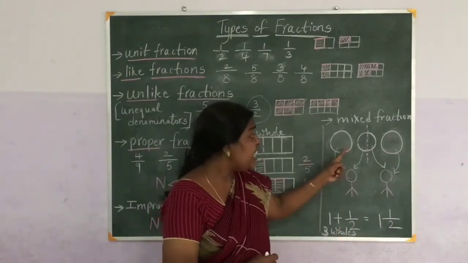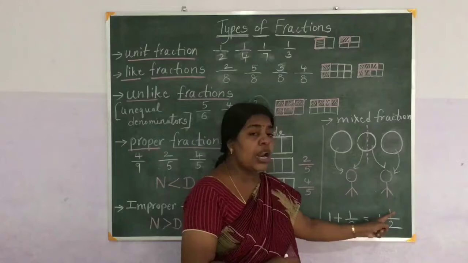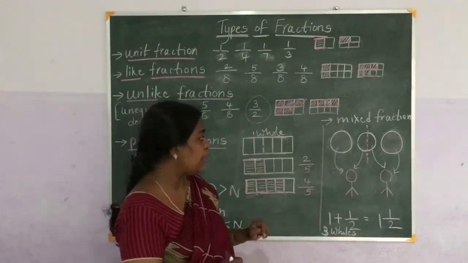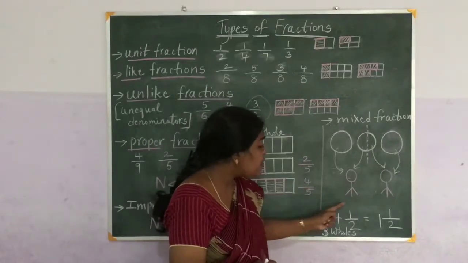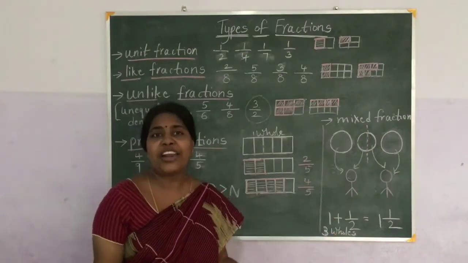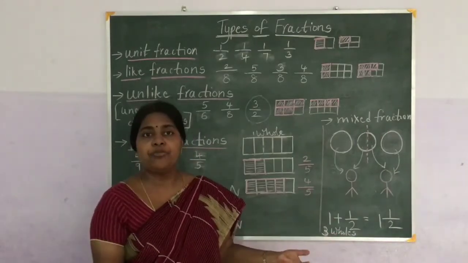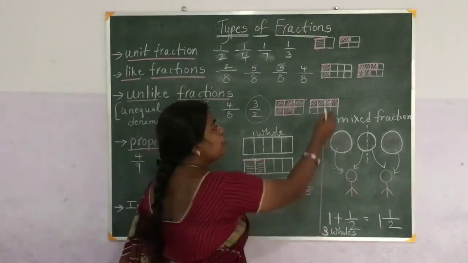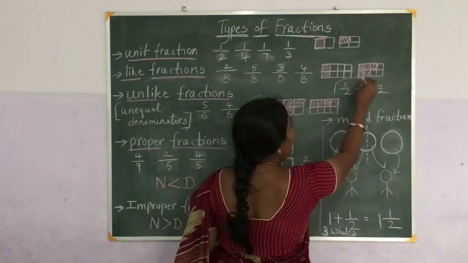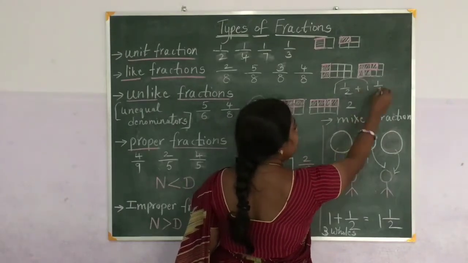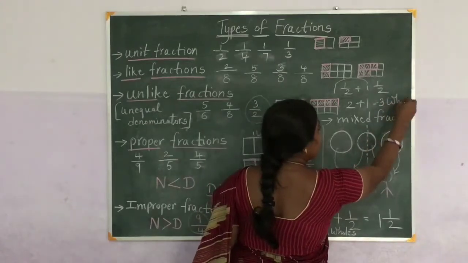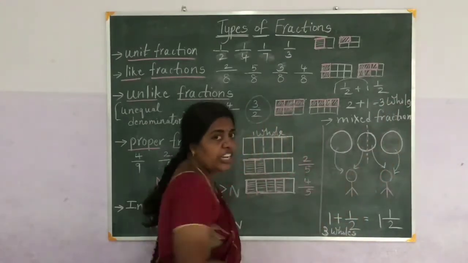That means each child is getting 1.5 chapatis. One child is getting 1.5 and another child is getting 1.5. So 1.5 plus 1.5: 1 plus 1 means 2, and half plus half means 1. So altogether how many full chapatis? 3 wholes. So we got 3 wholes.